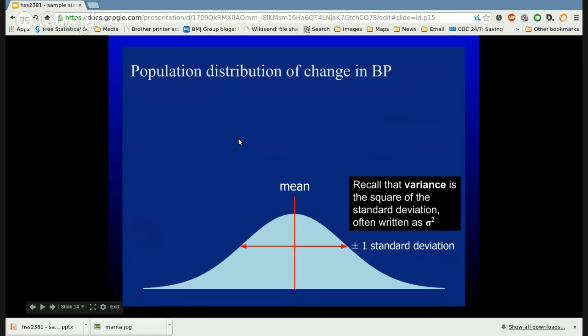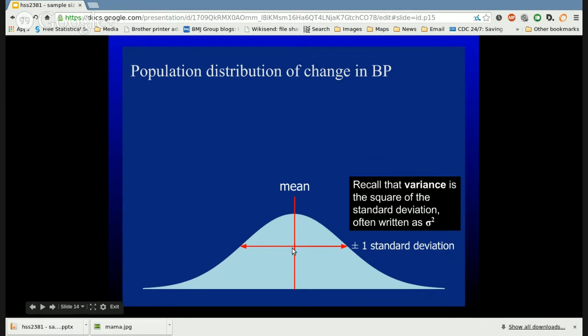So remember, we talked about this theoretical superpopulation of stuff. And here is a distribution of change in blood pressure. So in the world in general, in the total population of all the people who suffer from high blood pressure, if they were to receive a drug that works, their blood pressure would change by a certain amount.